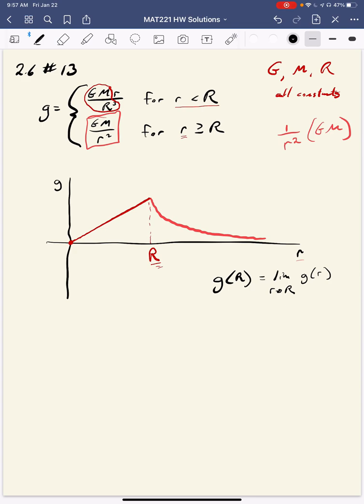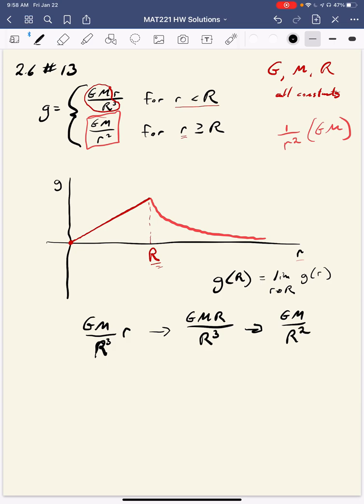Well, I have GM over R cubed times r. And so when lowercase r equals uppercase R, that would become GMR over R cubed, which becomes GM over R squared.